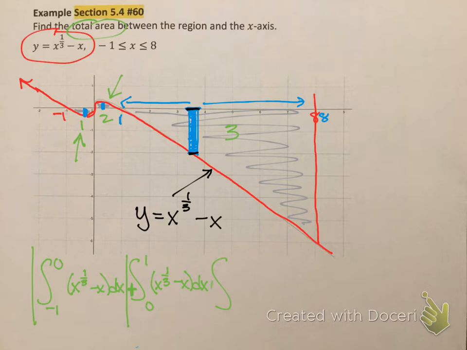And then add that to the integral from 1 to 8 of the same thing, x to the 1/3 minus x dx. And because that one is underneath the x-axis, I would have absolute value bars around it too.